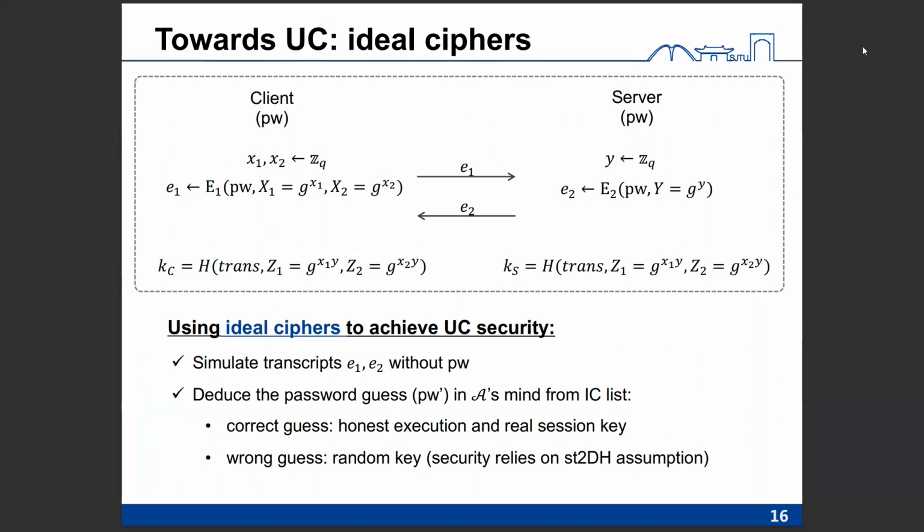Also, we can deduce the password guess pw' in the adversary's mind from the ideal cipher list. If the guess is correct, we just execute the protocol honestly and return the real session key. If the guess is wrong, we just return a random key, and the security relies on the strong twin-DH assumption, which is equivalent to the standard CDH assumption.